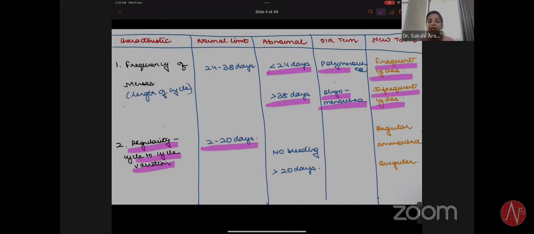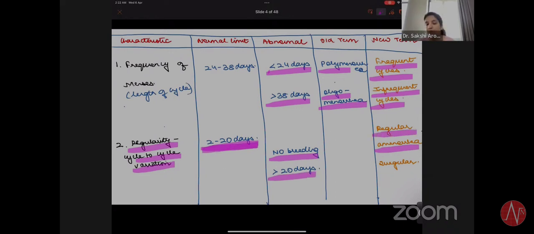So साइकिल टू साइकिल वेरिएशन एक फीमेल में 2 to 20 days का हो सकता है. I will explain this just now. अगर किसी फीमेल में there is no bleeding, it will be called as amenorrhea. अगर साइकिल का वेरिएशन 2 to 20 days है तो साइकिल्स आर रेगुलर.